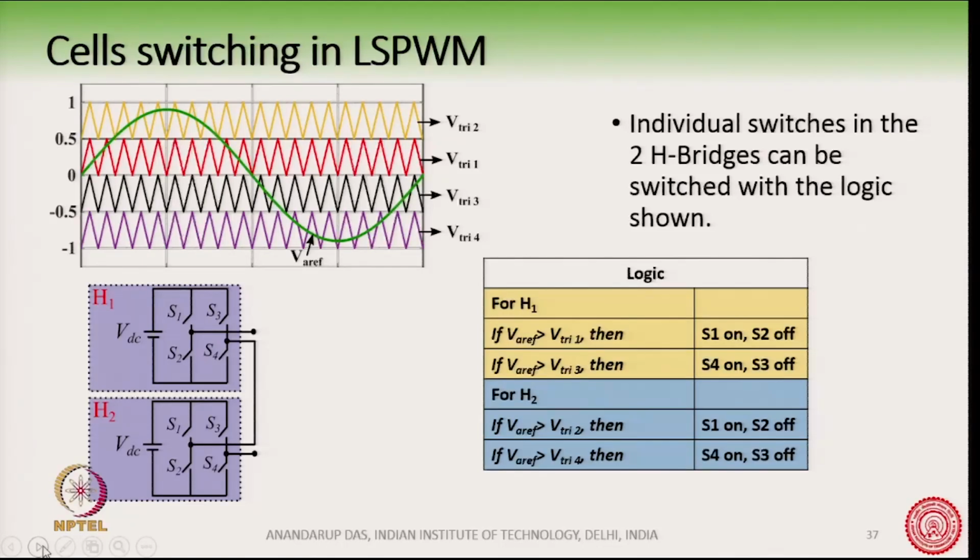Since this is a 5 level CHB, we have 2 such cells given by H1 and H2, and there are 4 triangles which are now given the names triangle 1, 2, 3, 4 here.